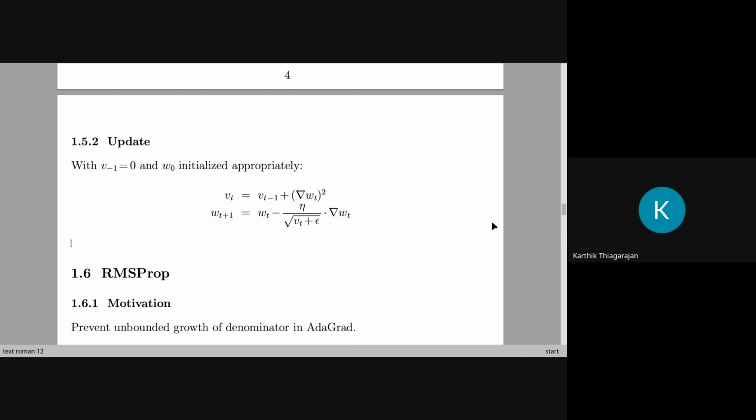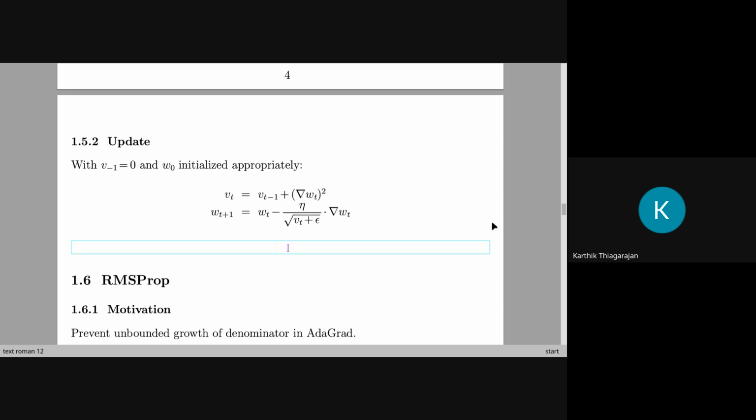So what is this quantity? This nabla of Wt squared. This is actually the following thing, right?